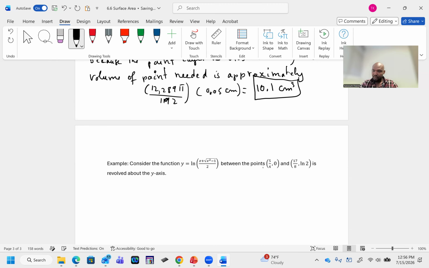okay? So again, this is revolved about the y-axis. So first thing we need to solve for x in terms of y.